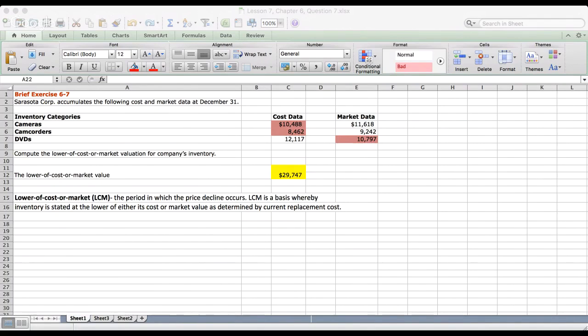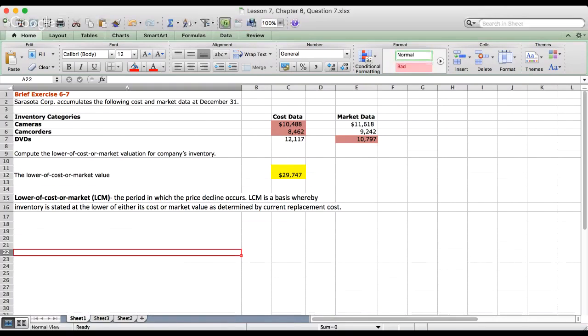So for this week's example, it looks like the cost data for cameras and camcorders is lower than the market data, so we will use those two numbers. And then for DVDs, the market data is actually lower.